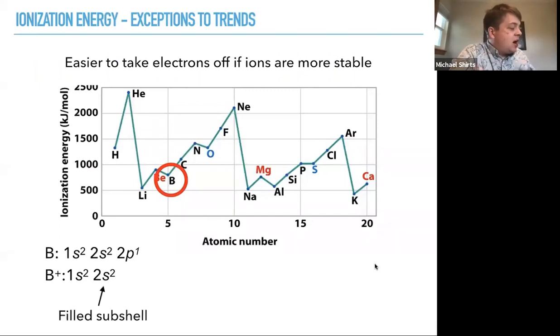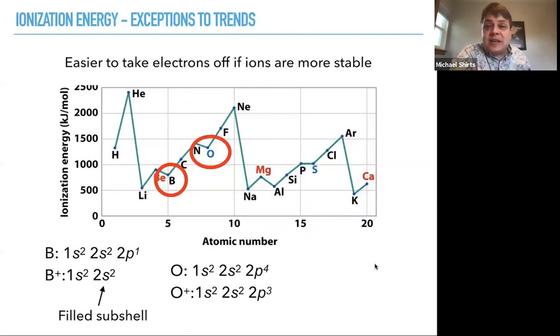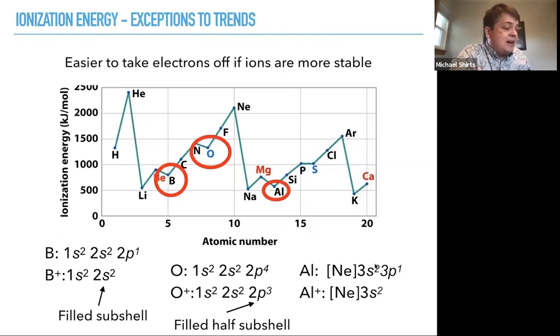And so that's actually not as bad to take an electron off. If you look at oxygen, that drops down to a half-filled subshell. Aluminum, you are dropping down to a filled 3s subshell. And so those are slightly more stable. The trend reverses a little bit because filled subshells and half-filled subshells stabilize those ions.